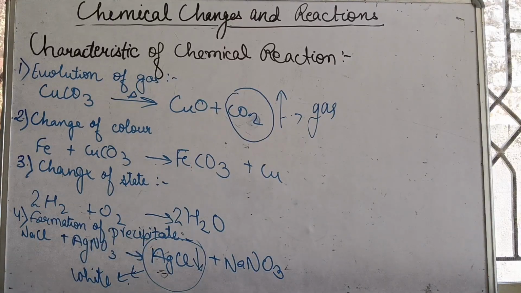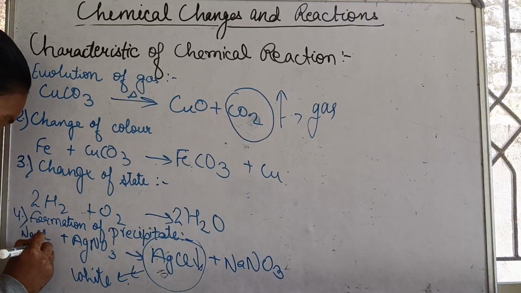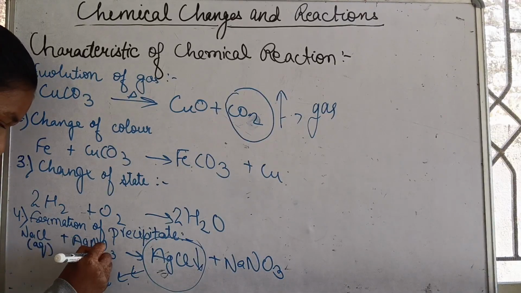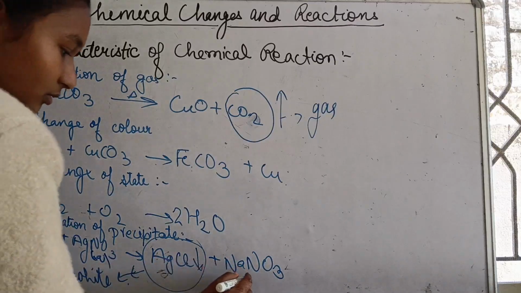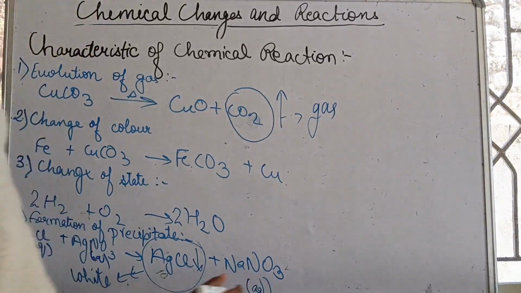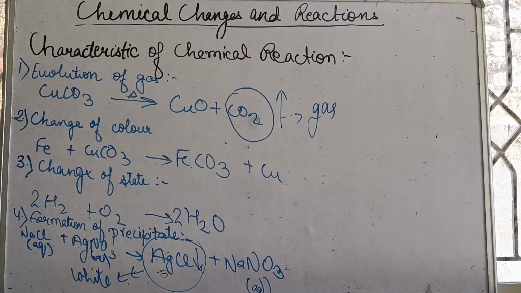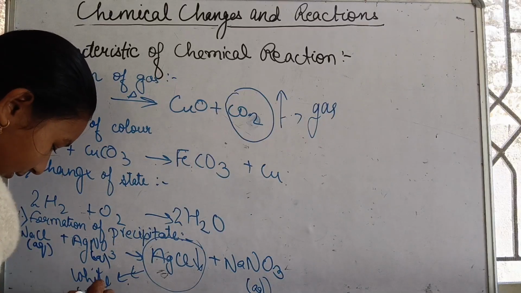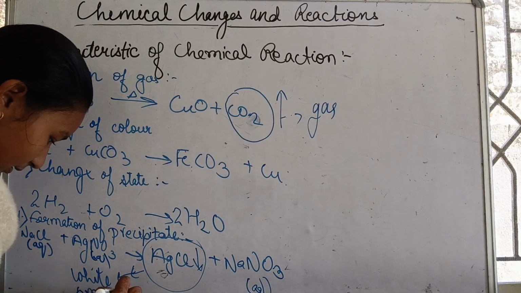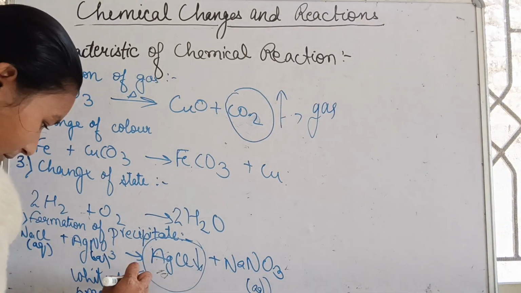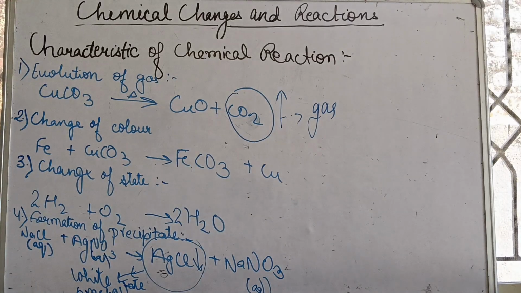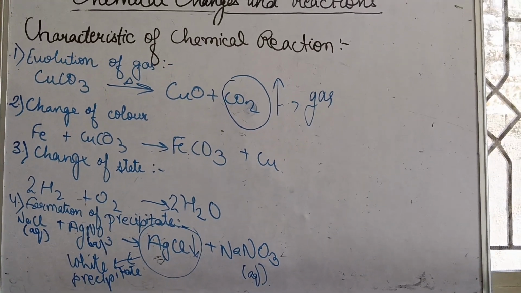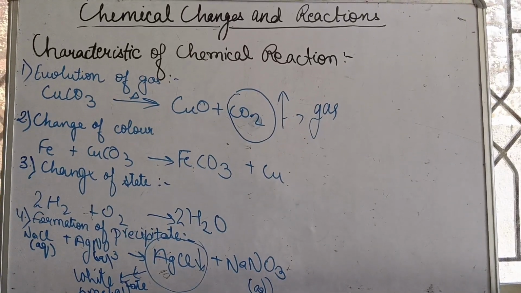These are two compounds in their aqueous state. This is also aqueous. And this is what? White precipitate. So this is the characteristic.